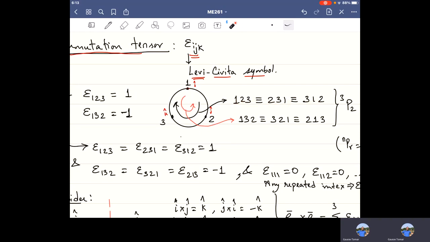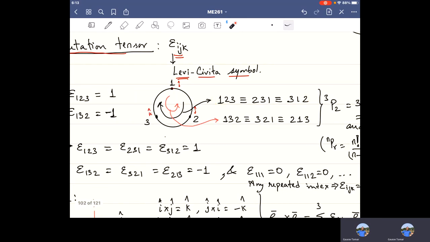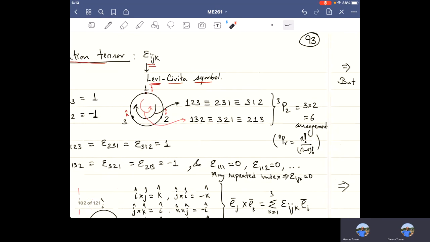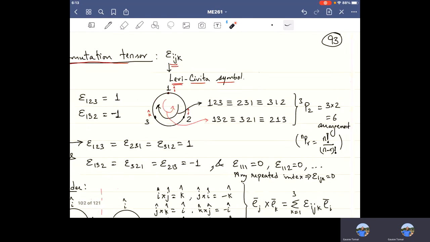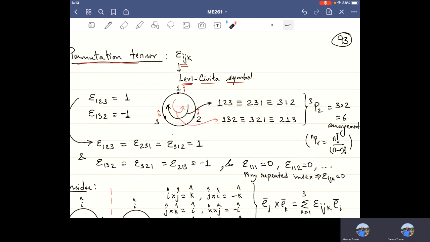All these three quantities give you 1. And there are only these 6 possibilities, because the number of arrangements of these 3 numbers is given by 3P2, which gives 6 arrangements, and these are the only possible ones.